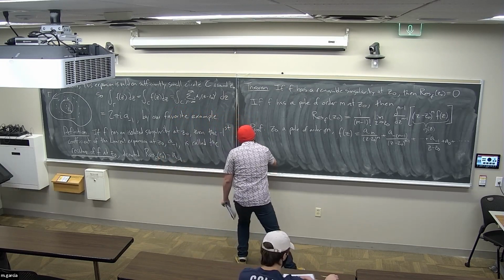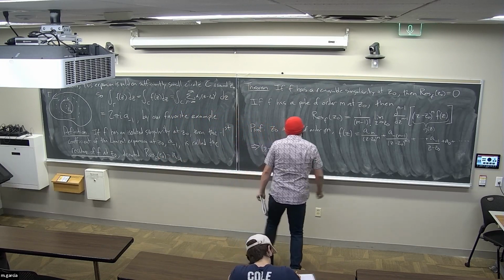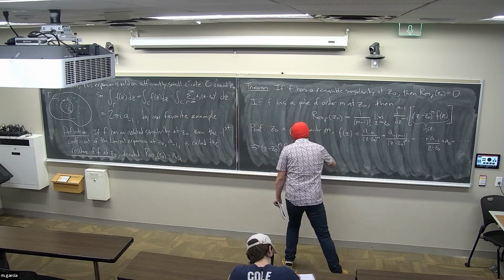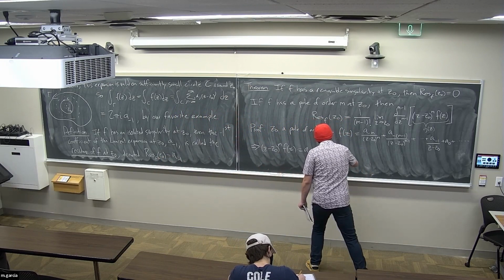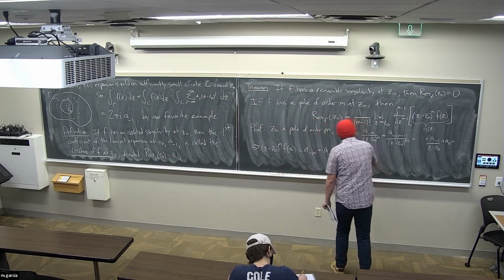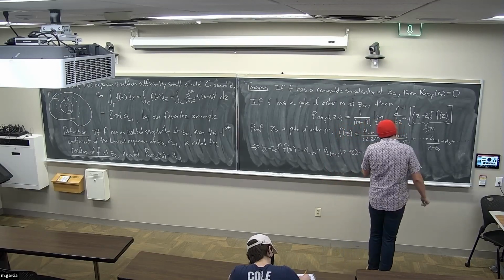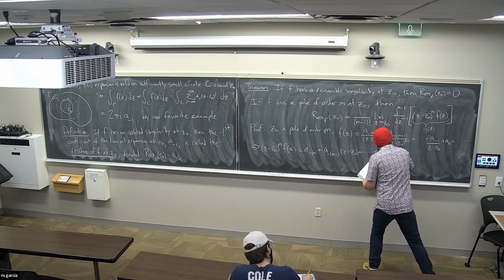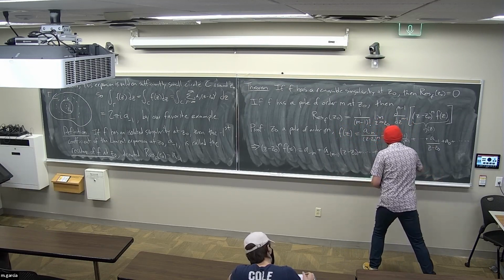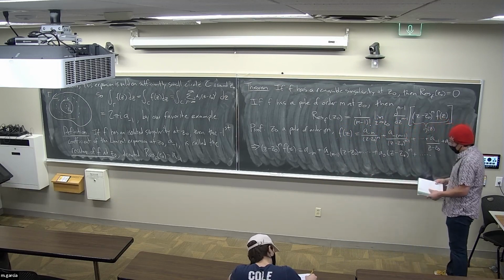So z minus z naught to the m times f of z is equal to a sub minus m plus a sub minus m minus 1 times z minus z naught, plus all the way up to a naught times z minus z naught to the m, continuing infinitely.